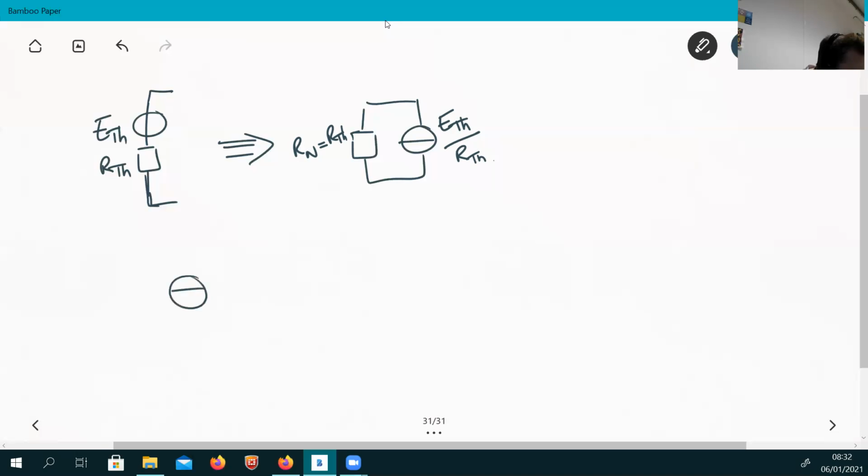Other option, you are in front of a Norton kind of model.